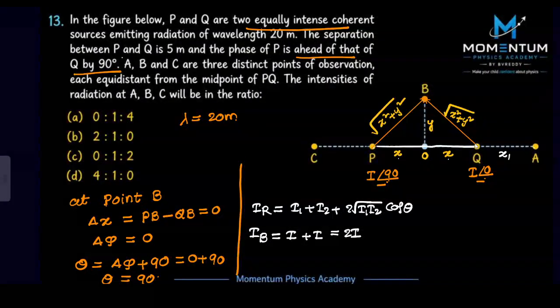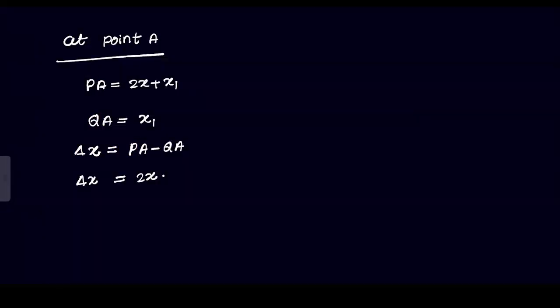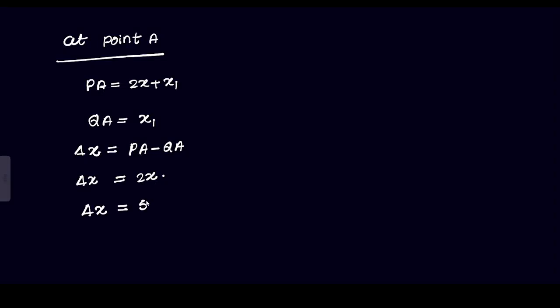How much is the P to Q distance they have given? 5 meters. So delta X is equal to 5 meters. Now we need the phase difference. The relation we have seen here: delta phi by 2 pi is equal to delta X by lambda. From this we'll find the delta phi now.